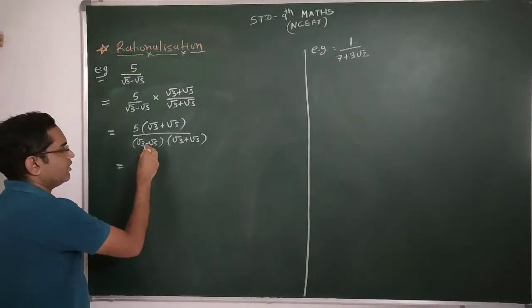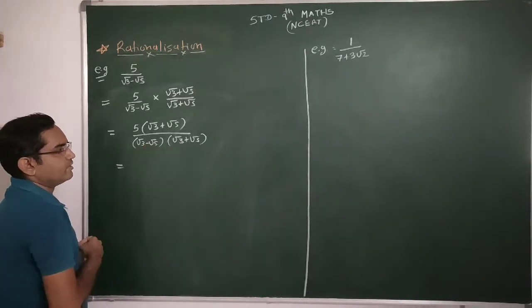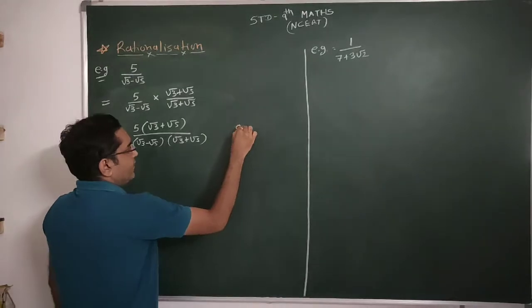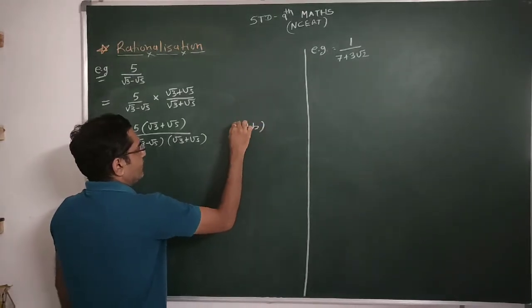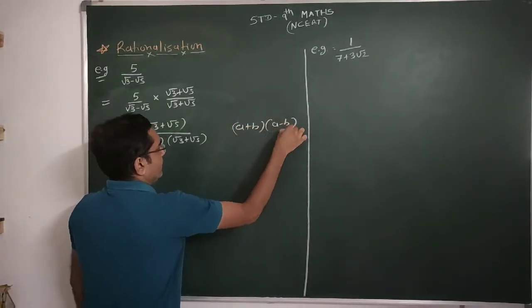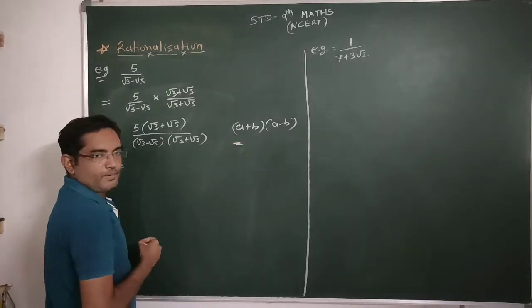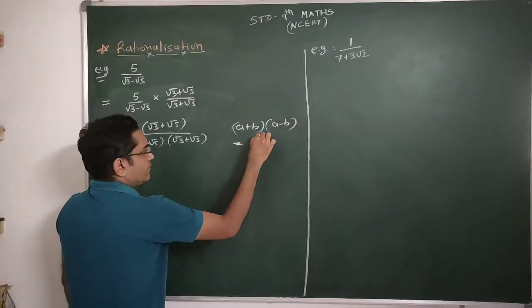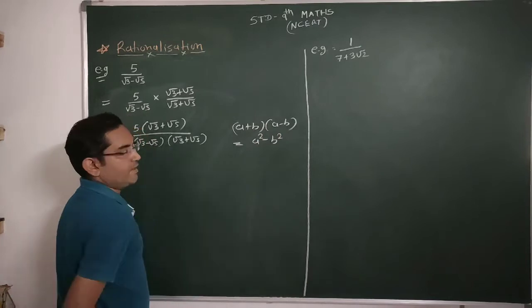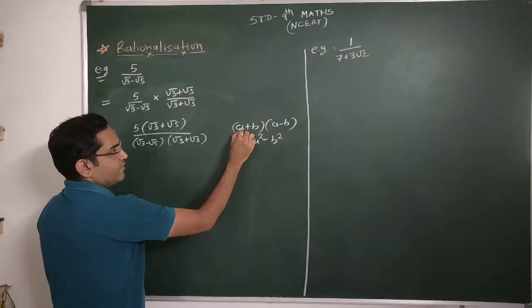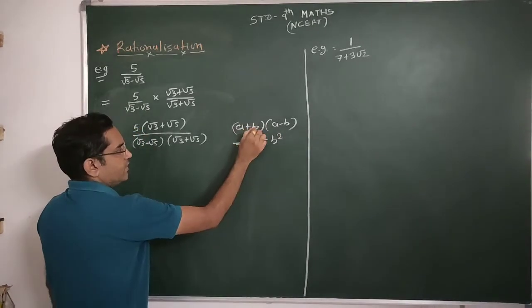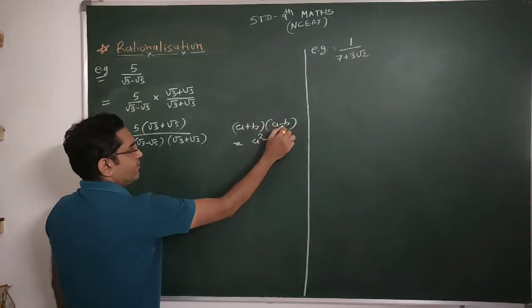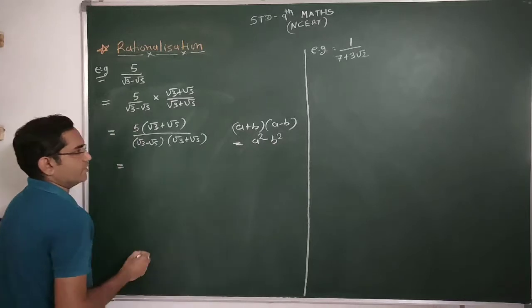Done? Now for the simplification of this denominator, again we are using the same identity, a plus b into a minus b, which is first term square minus second term square. The expansion is a square minus b square.